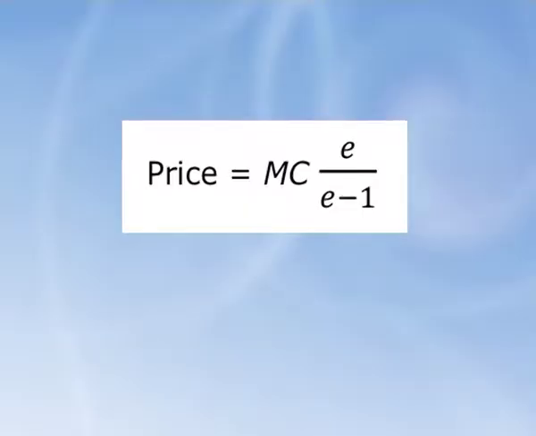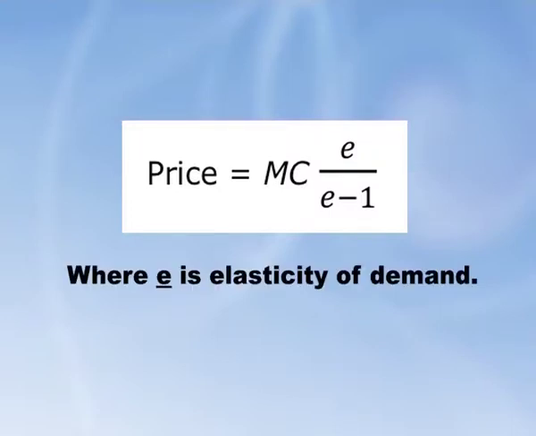But it is worth pointing out, although price under monopolistic competition will not be equal to marginal cost, it will stand in the following relation to the marginal cost: price equals MC times E by E minus 1, where E is the elasticity of demand.